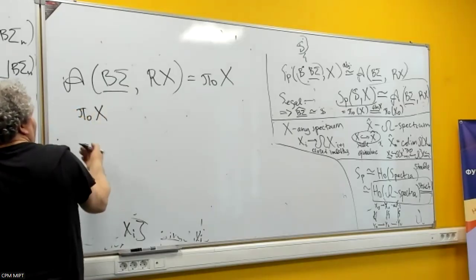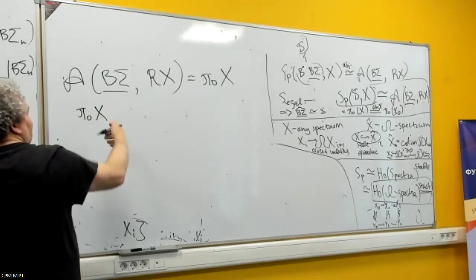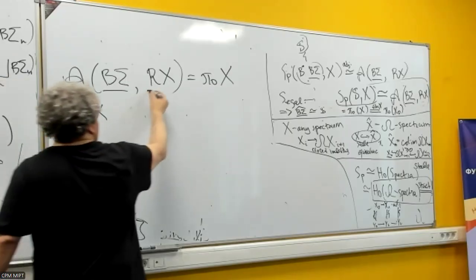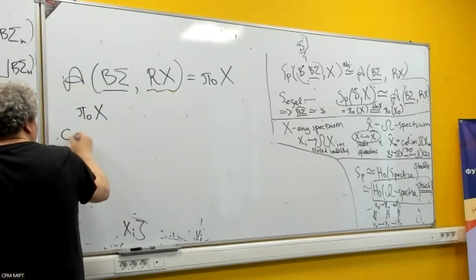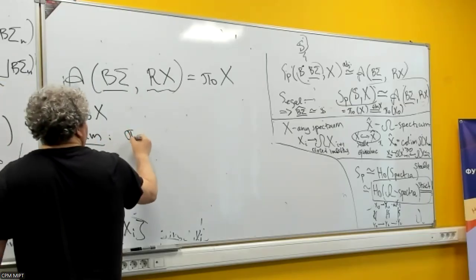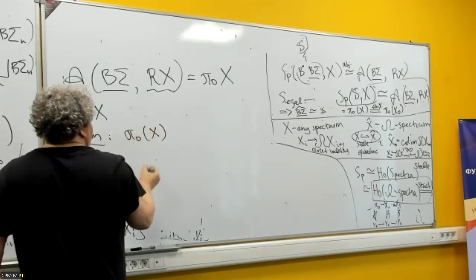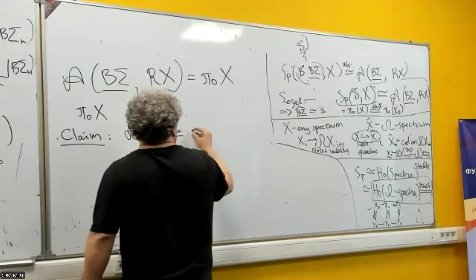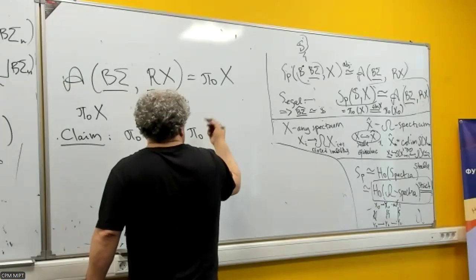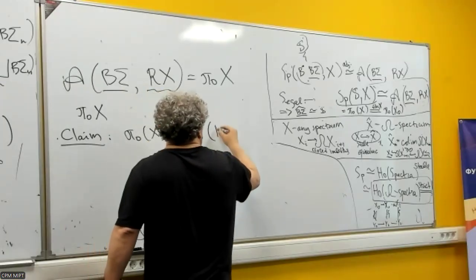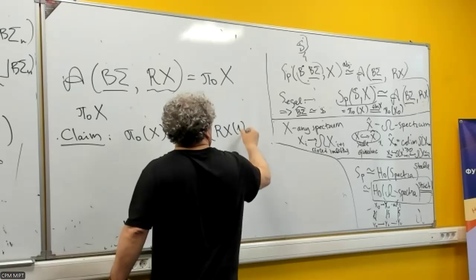But I can now write pi 0 of X, and I would like to rewrite it through this Rx1. So then I claim, which simplifies the thing greatly, that pi 0 of X for fibrant X is the same as pi 0, as a topological space, now not spectrum, of Rx1.